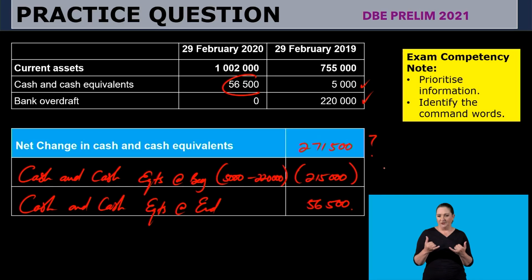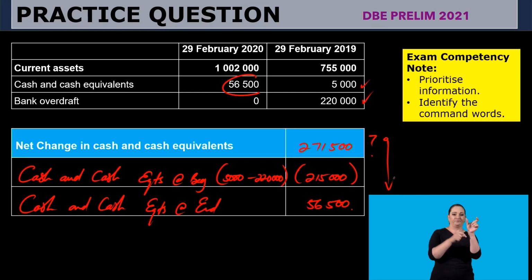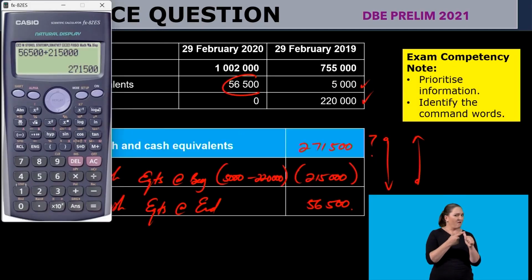What I would want to encourage you is, just so you can be sure of the figure that you have got, you should be able to do it from the top coming to the bottom, because we did it from the bottom going up. So if we start from the top, let me just erase everything from my calculator. So from the top, we're now saying 271,500. Then I say minus what? 215,000.